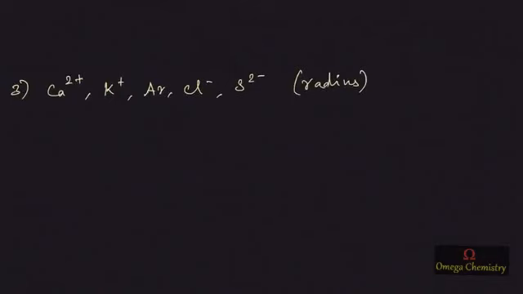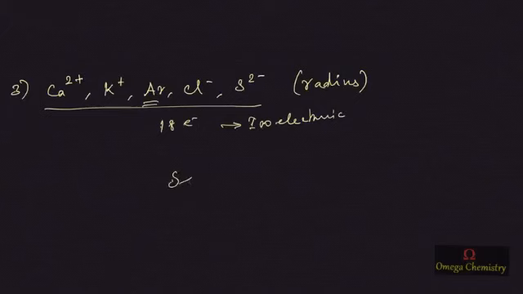The third one is calcium 2 plus, potassium ion and argon, which is a neutral inert gas, Cl minus and S2 minus. When we analyze the number of electrons, all these species have 18 electrons, which means I can call them isoelectronic species. For isoelectronic species, I can apply the first relationship, that size is inversely proportional to the nuclear charge or atomic number.